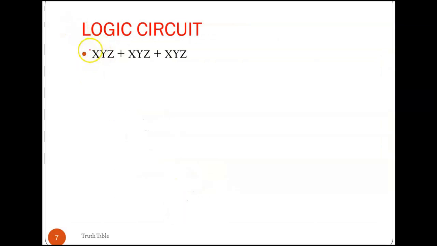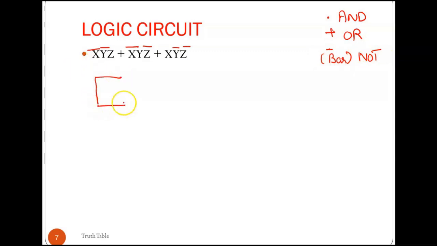Here we have X bar, Y bar, and Z. Then you have X bar, Y, Z bar, then X, Y bar, Z bar. So for this we have to draw one circuit. Again the same thing: for dot it is AND, for plus it is OR, and for bar we have NOT, right? So draw this. For all the three you can see AND gates are required. Dot, one AND gate here, one. So I'm just drawing the first 3 AND gates.